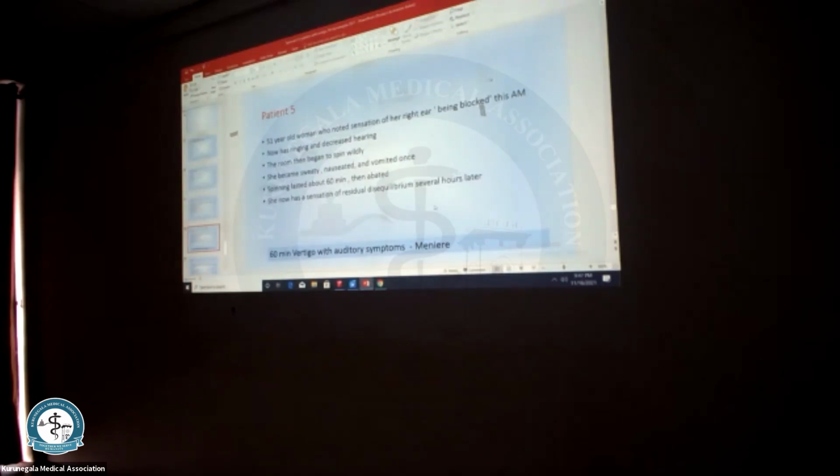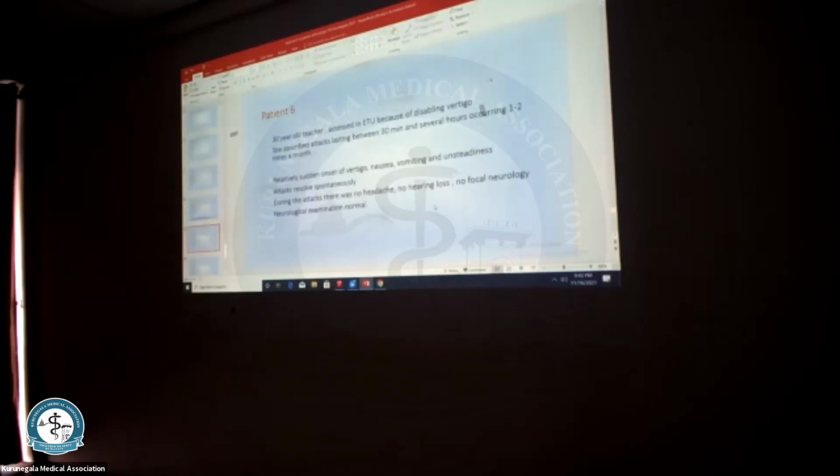This vertigo can last about 6 hours to a day. In a rare instance, if the patient is not that descriptive, we can confuse it with migraine, which we see more commonly in the clinic.